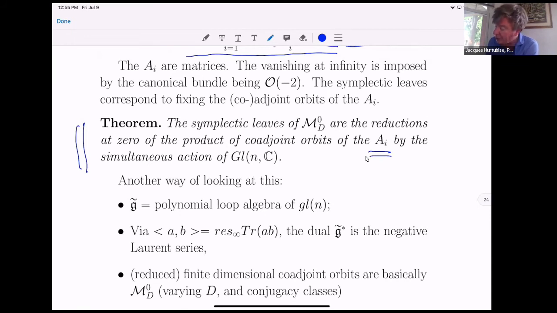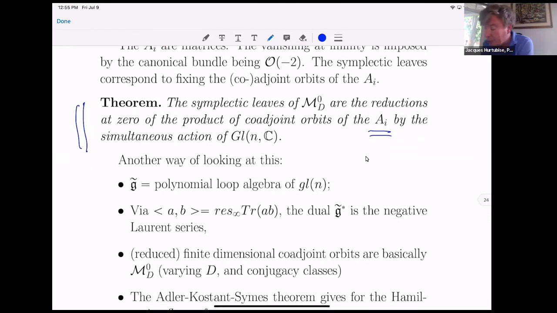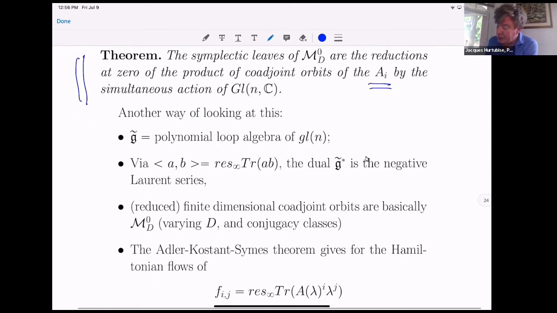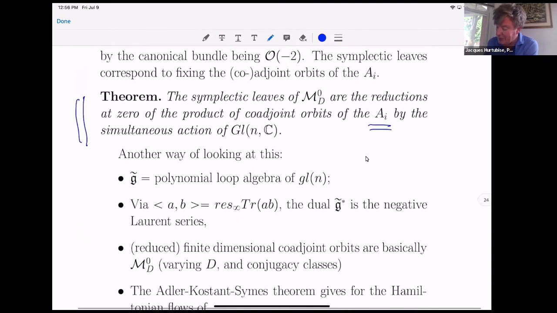So it'll be the negative Laurent series, again expanded around infinity. And the finite dimensional coadjoint orbits, at least if your algebra is semi-simple, will just be these things with simple poles, or multiple poles possibly, but just given by these sort of expressions.